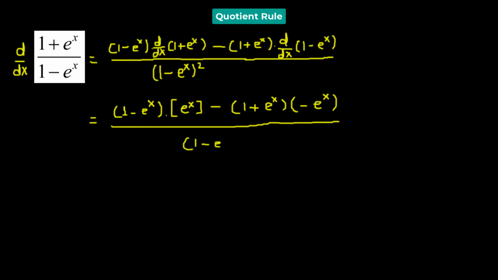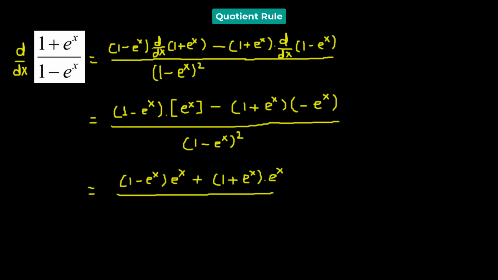So we have 1 minus e raised to the power of x whole squared. So we get 1 minus e raised to the power of x times e raised to the power of x plus 1 plus e raised to the power of x times e raised to the power of x, whole divided by 1 minus e raised to the power of x whole squared. Now we take e raised to the power of x as the common factor.